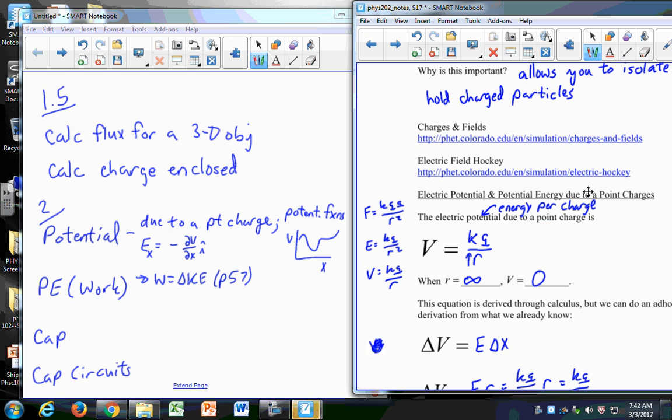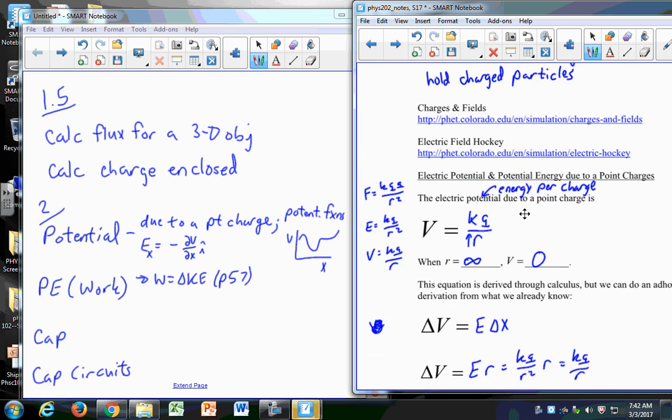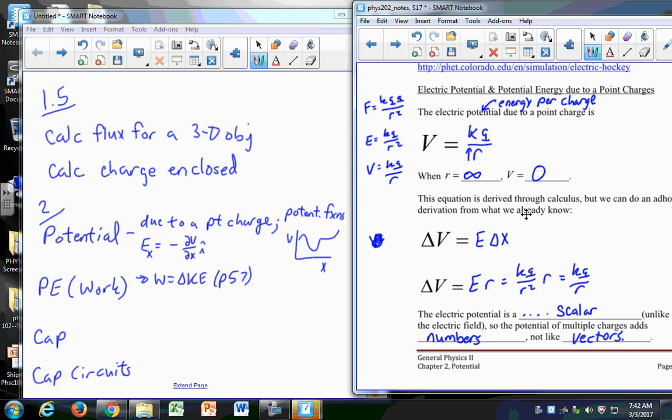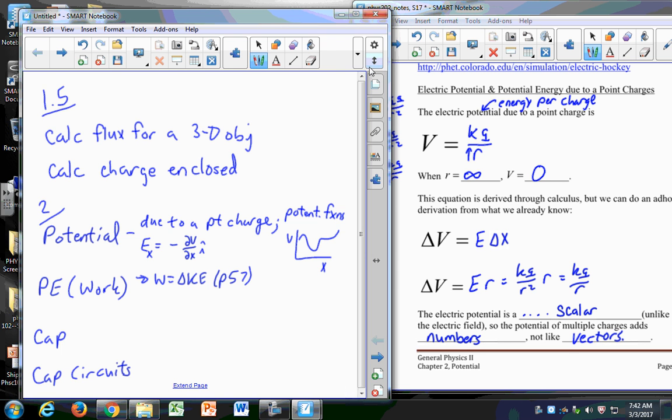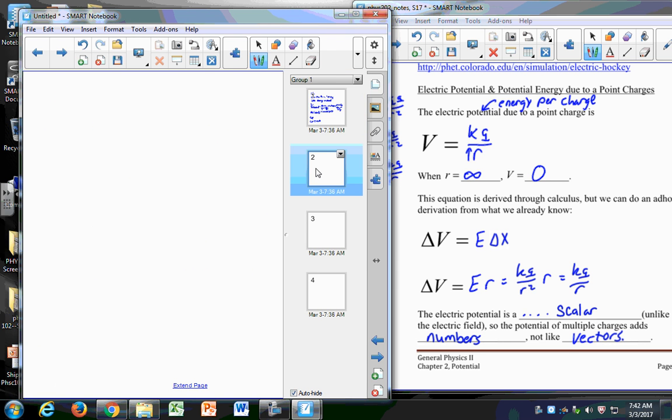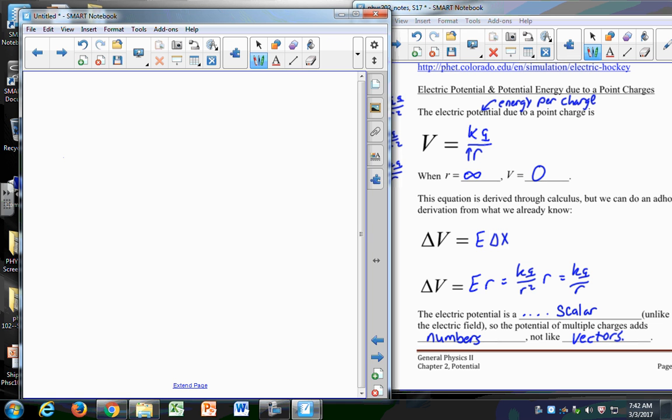As I say, you need to know how to find the potential due to point charges, and then also know what amount of work is required to move a charge into the potential due to another set of point charges. So for example, let me get another page here. If I have charges here and here, then you can find the potential at a point up here.